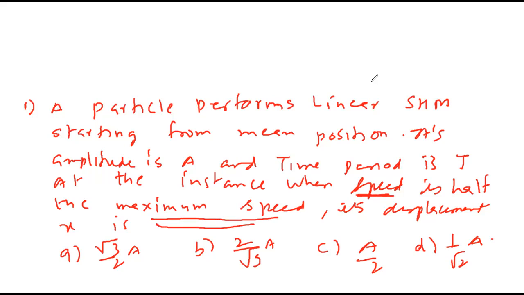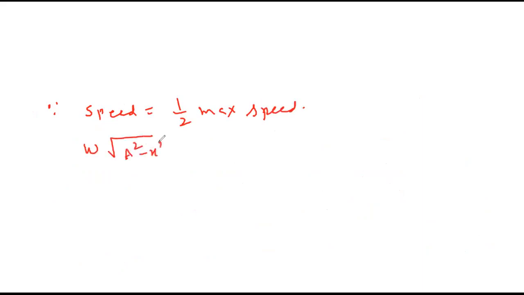The condition is speed is half the maximum speed. Since speed is half the maximum speed, the formula, do you know, is omega root of A square minus x square? And maximum speed is A omega. Omega I can cancel.